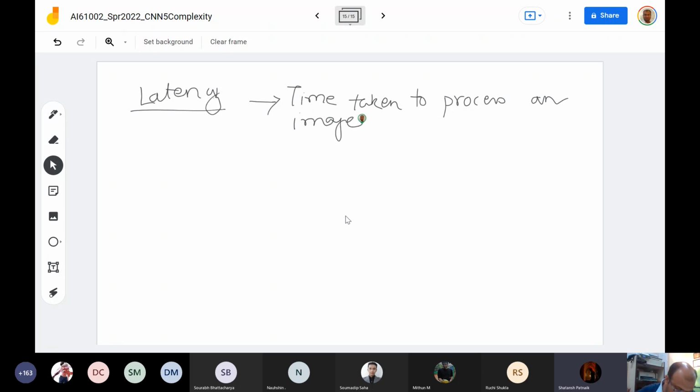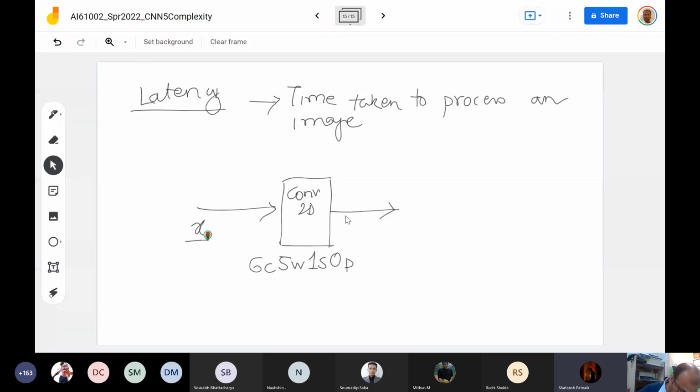Okay, so now let me have only a single 2D conv layer and I define it as 6C5W1S0P, and input to this is X, which belongs to R power of 1 cross 32 cross 32, and output comes down as Y, which will belong to R power of 6 cross 28 cross 28.